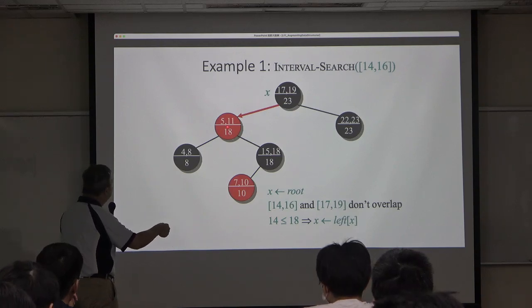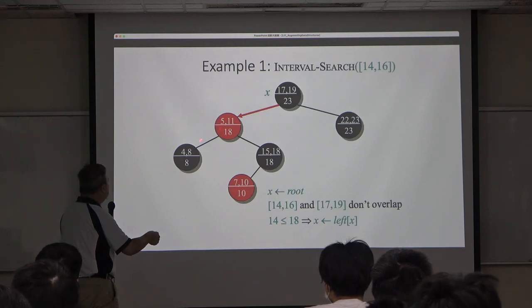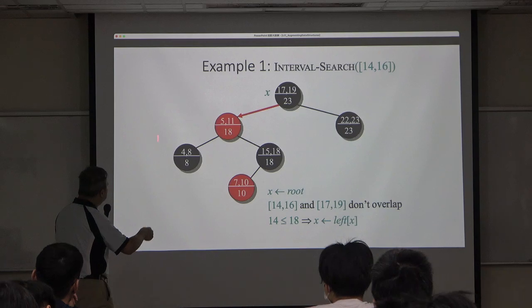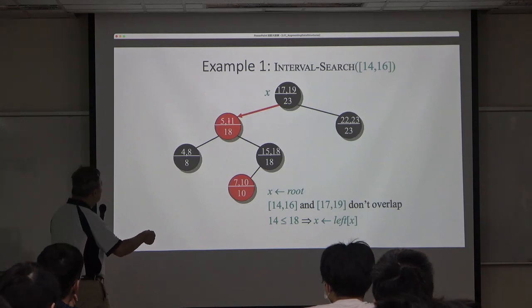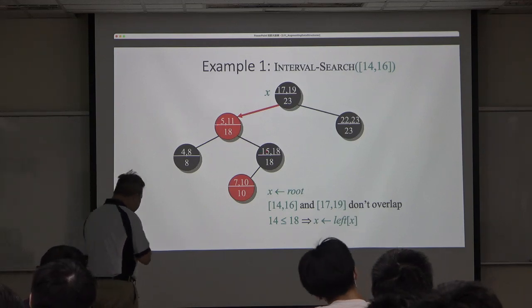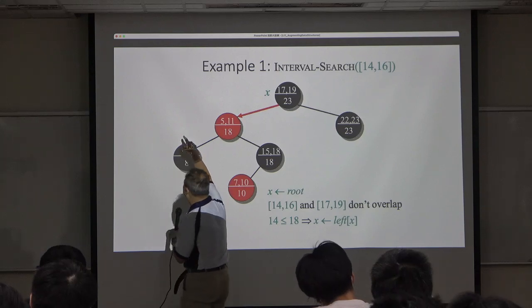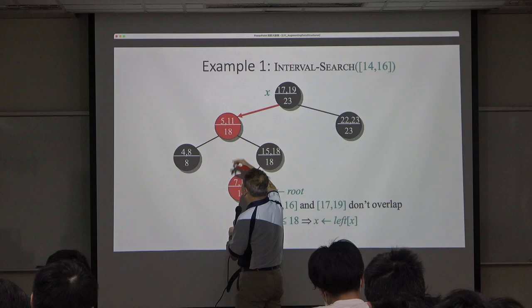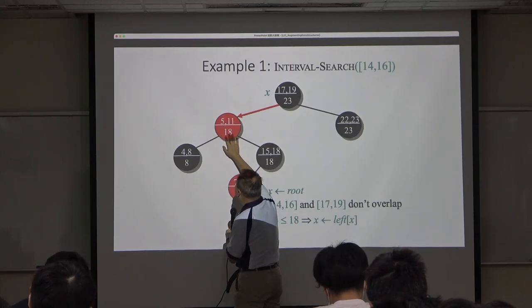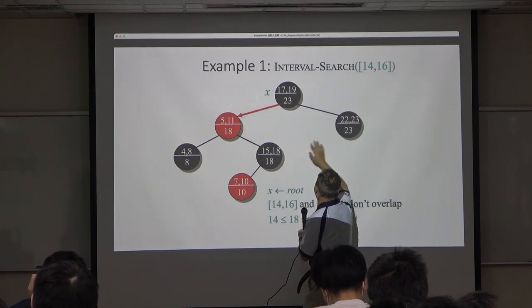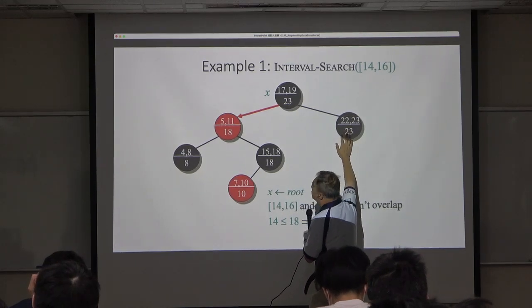Because we are sorting based on the left endpoint, this 18 must be smaller than the left endpoint here.